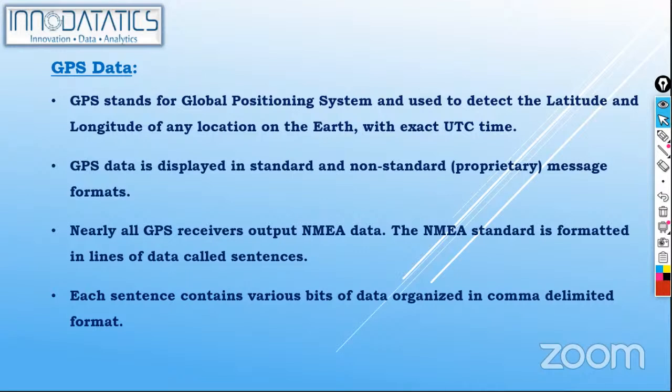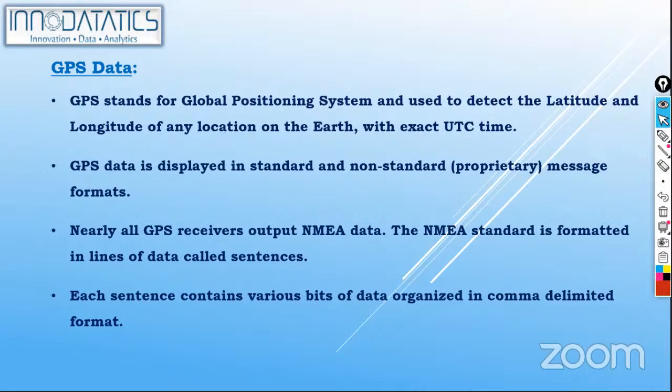We know that this is called a GPS system, but what kind of standard does it follow? We did some research and came to know that all GPS receivers output the data in the NMEA data format. NMEA is the standard format that these GPS sensors output.